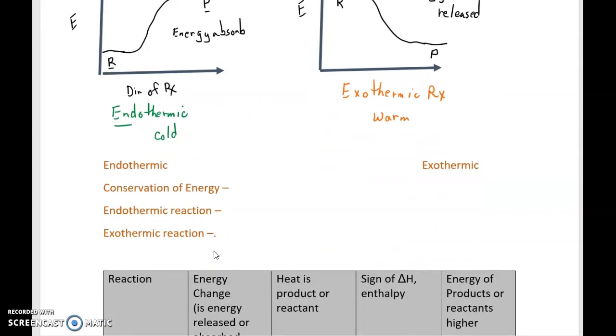So conservation of energy tells us that energy is not gained or lost. It's only transferred. Endothermic reactions, that's the green one here. Let's change to green to do that one. The reactants have less energy.